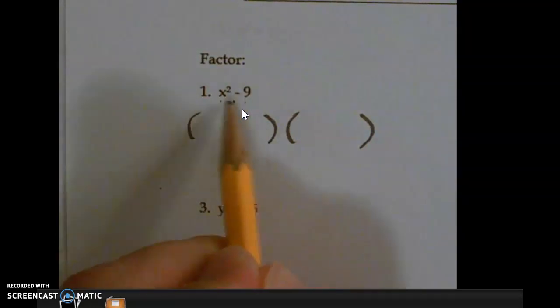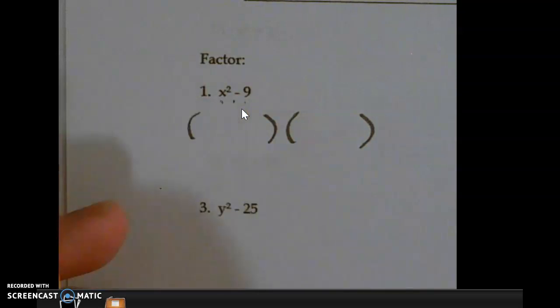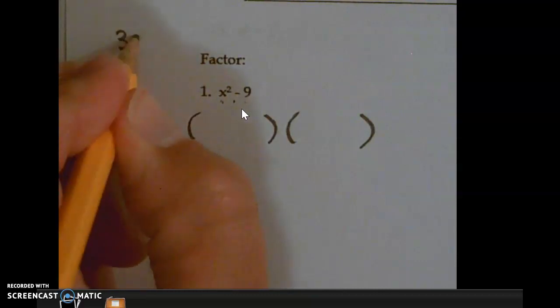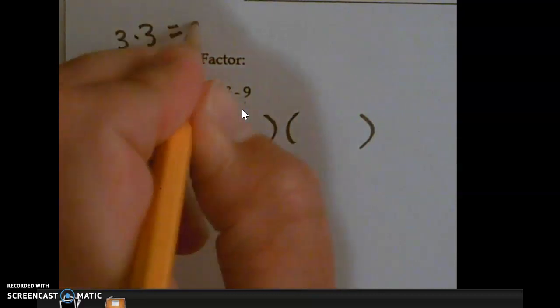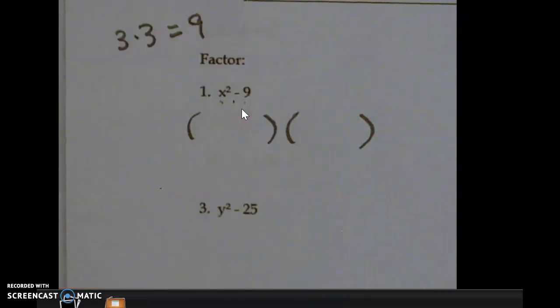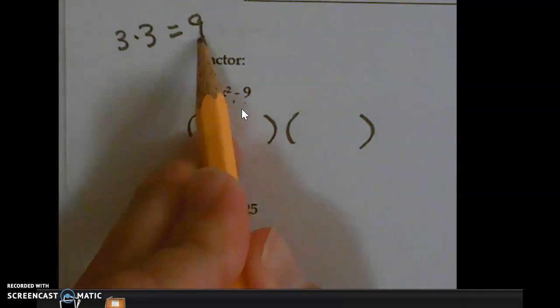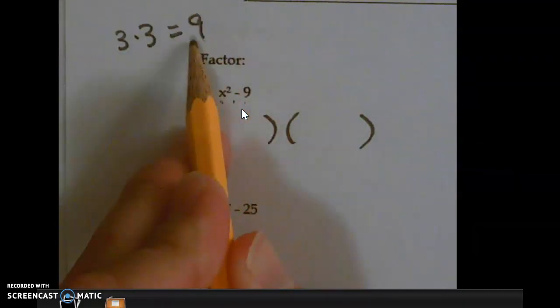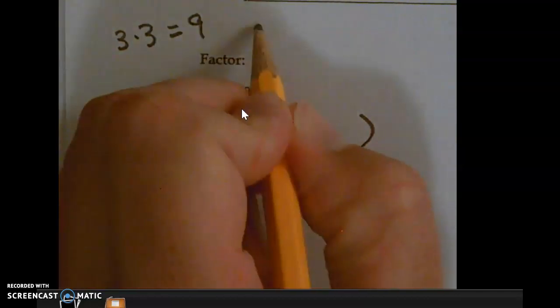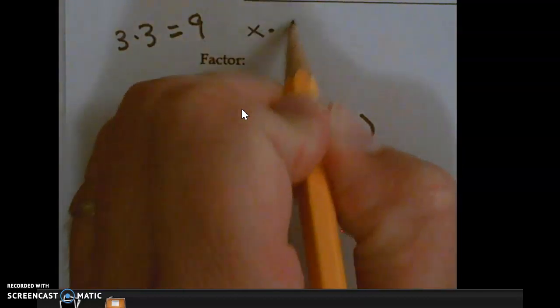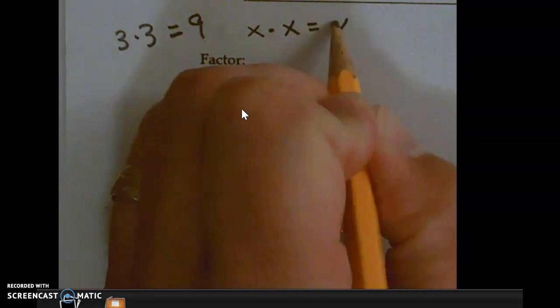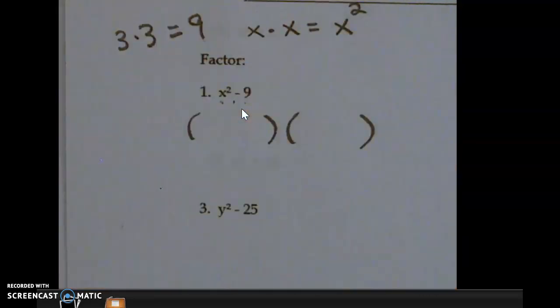of two perfect squares. Now remember, a perfect square happens when you take something times itself and you get a number. Okay, 3 times 3 is 9, so 9 is a perfect square. It also works with variables. If I take x times x, I get a perfect square.